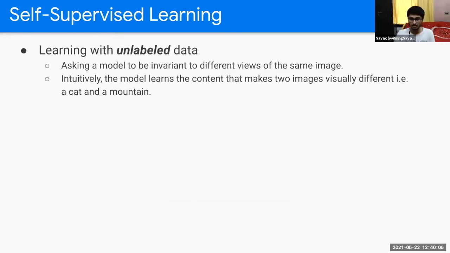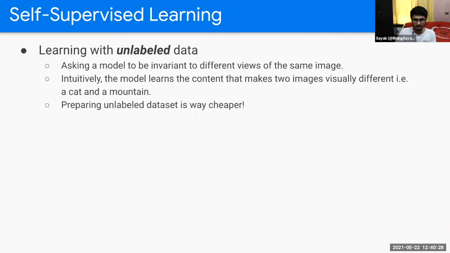And when you ask your model to be invariant to different views of the same image, your model, as I mentioned, learns content that makes two images visually different. That is, consider a pair of a cat and a mountain. Your model will be able to distinguish what are those components that differentiate a cat and a mountain, right?